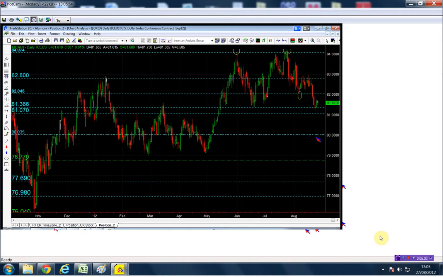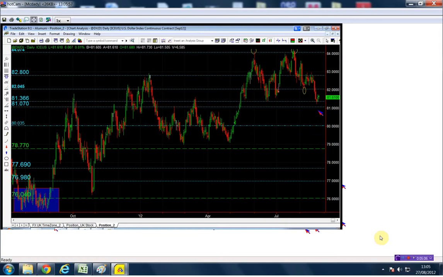So the bias for the dollar this week would be negative to slightly, so it's neutral with a bearish undertone. I'm more looking to be, let's say, short the US dollar if I have a real strong currency.